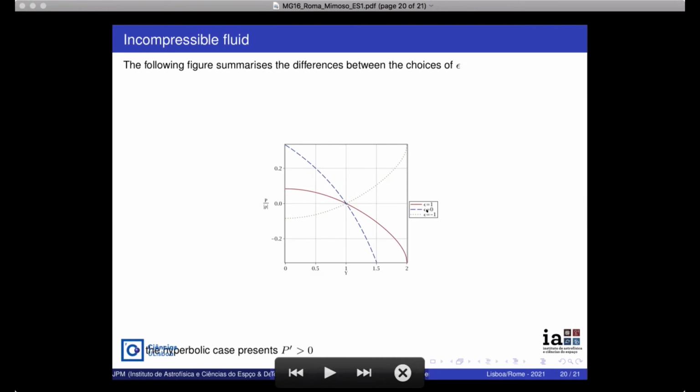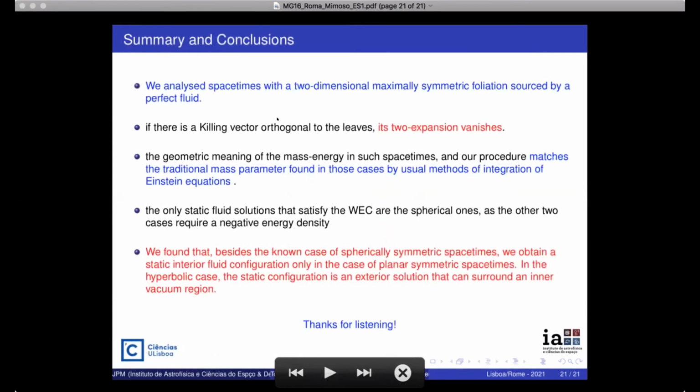Whereas for the flat or spherically symmetric, I mean the closed model, we have the normal negative profile for the pressure, and the pressures are positive inside the object, obviously. So these are our conclusions.